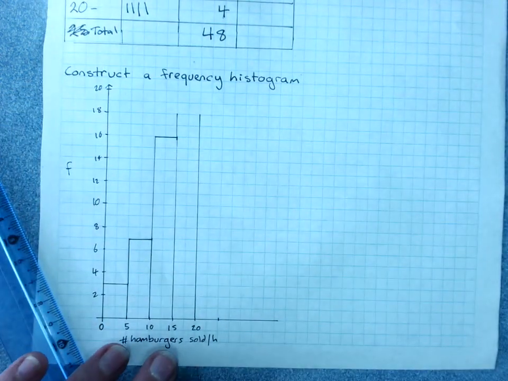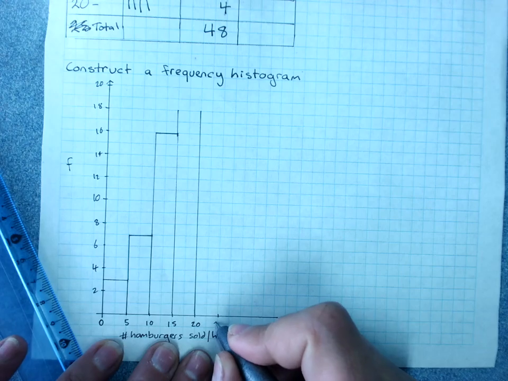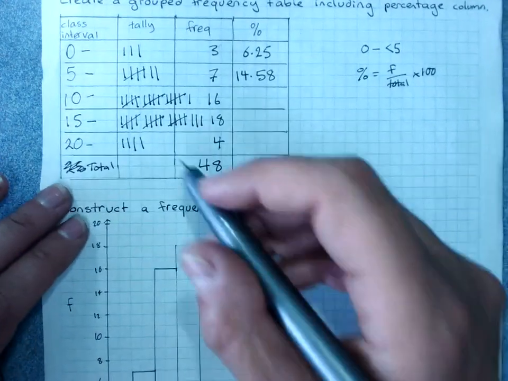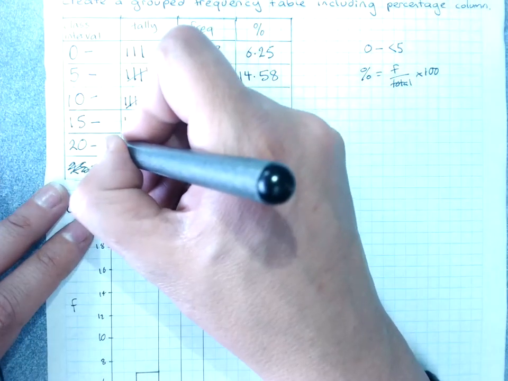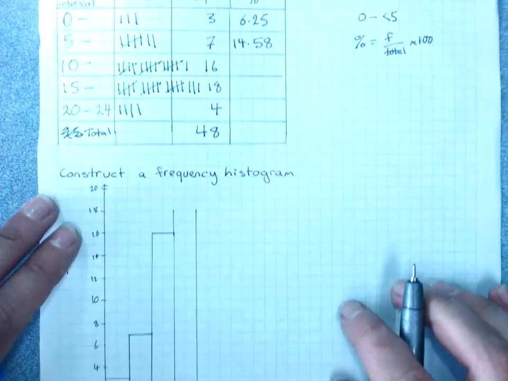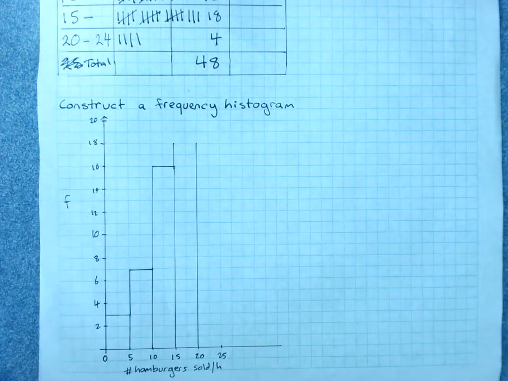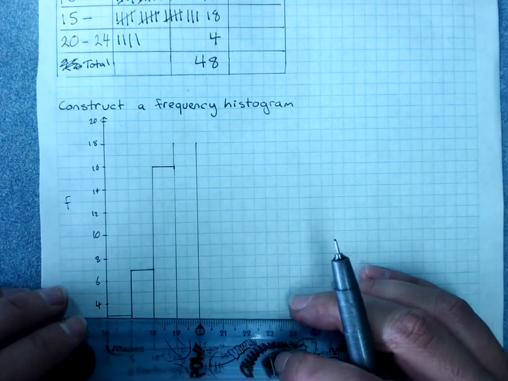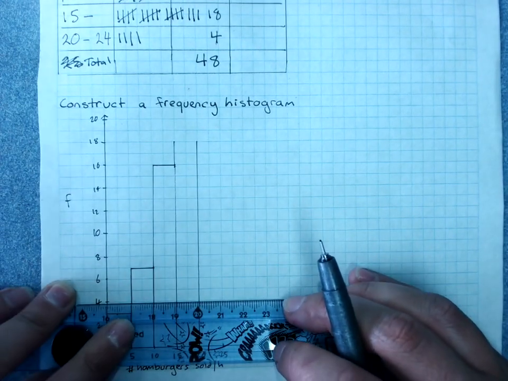And, oh, I did have 20 to 25. What I should have done here was say that that's 20 to 24. I should have ended it. That was my bad. 20 to 24 had a frequency of 4.